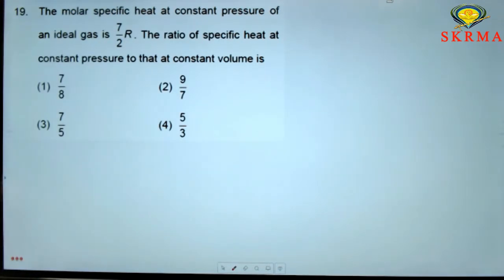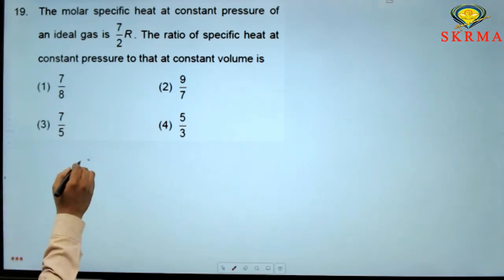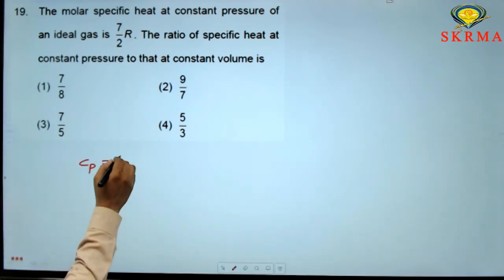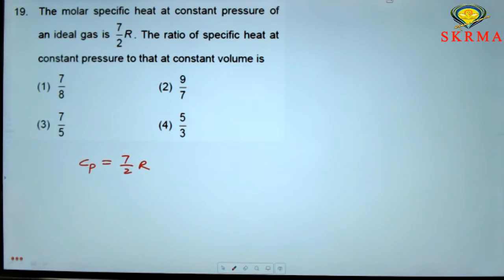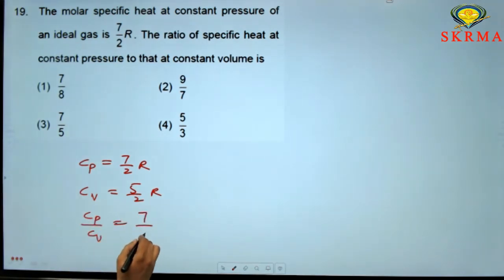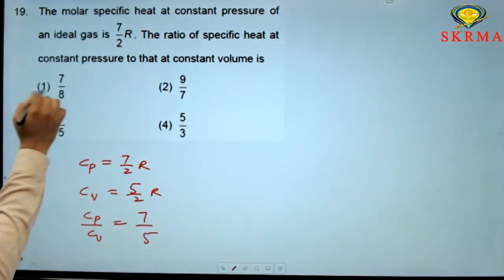Next one. Molar specific heat at constant pressure for an ideal gas, that means Cp, is given as 7/2 R. Now, the ratio of specific heats at constant pressure to constant volume. Cp is given, Cv is how much? 5/2 R. Now the ratio of these two is 7/5.